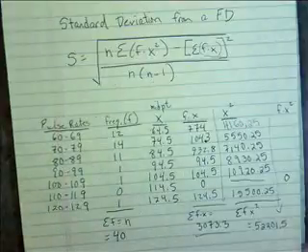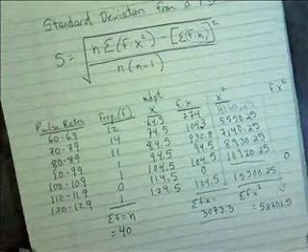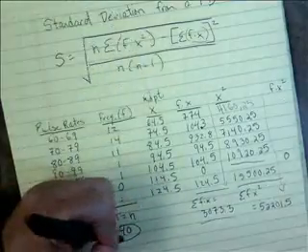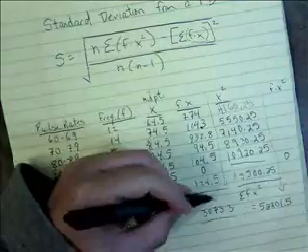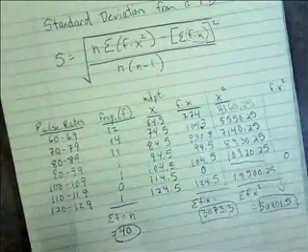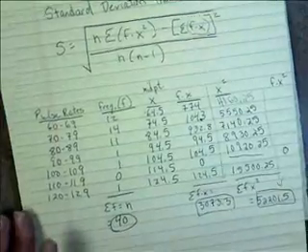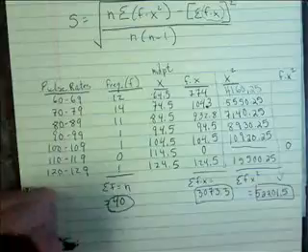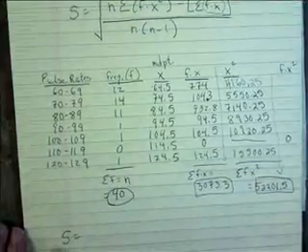Okay. So now we have the numbers that we need to go in here. This is n. This is a summation of f times x, summation of f times x squared.